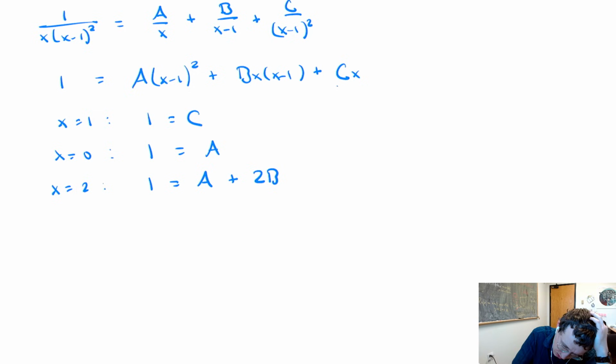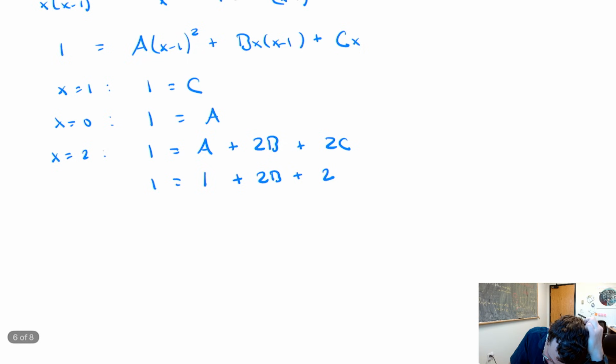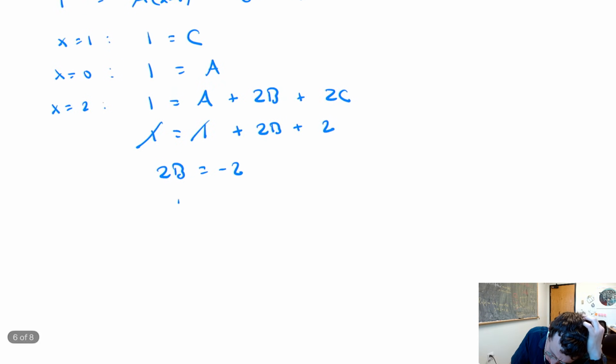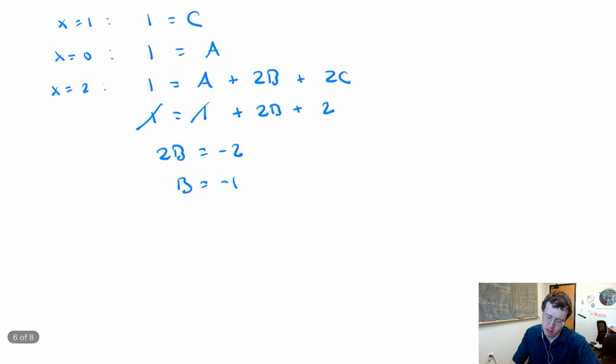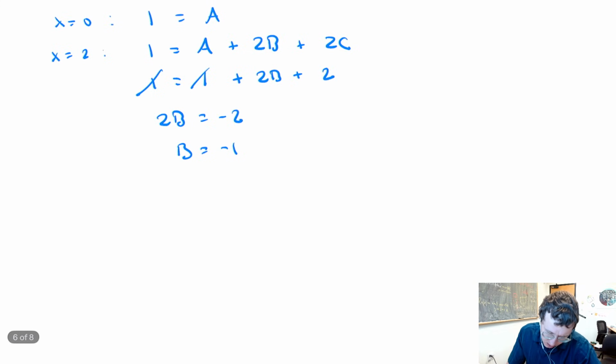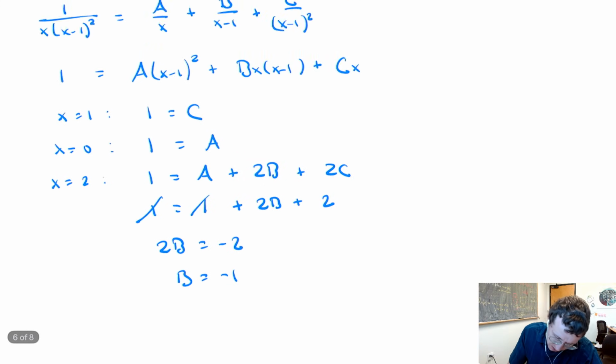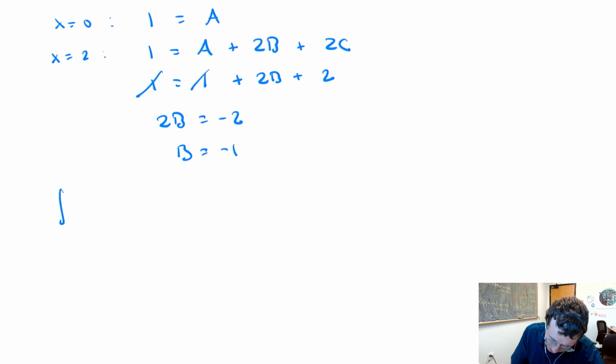And then I get 2c here. But I already know the values of a and c. So 2b is equal to negative 2, which means b is equal to negative 1. And there we go. We have decomposed this fraction.